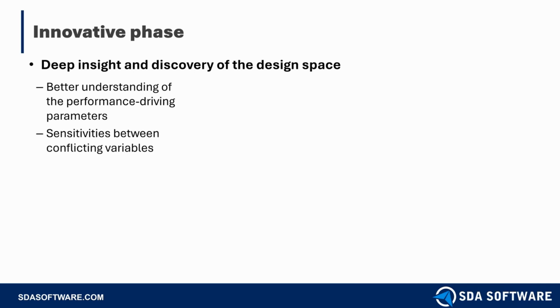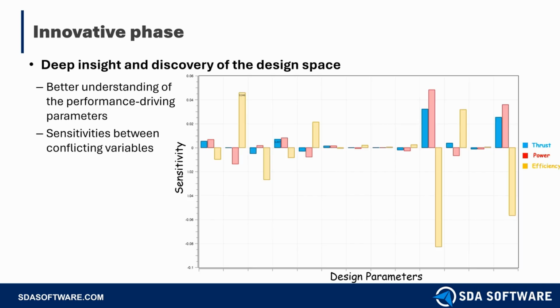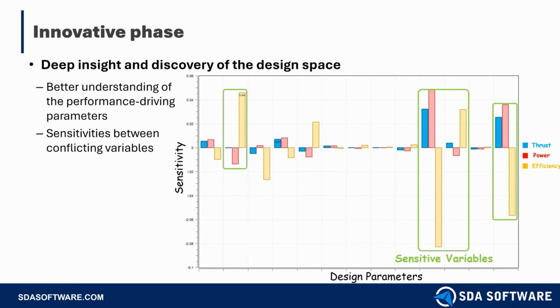Another way to look at it is you can look at sensitivity between conflicting variables or non-conflicting variables. This is similar to the importance plot, but now the vertical axis is sensitivity. Sensitivity gives you a little more sense of direction, but don't interpret it as which way it's going; it just gives you stronger guidance in that sense. So we can instantly spot the top bars, the sensitive variables, and then I can see a conflict or something that raised my attention.